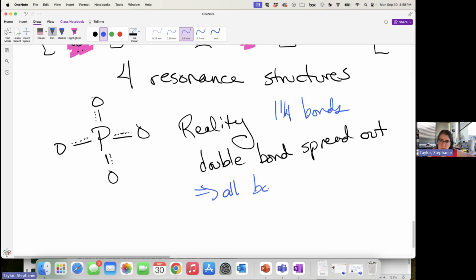All bonds equal. And this is the part that's weird about resonance: in nature, all the bonds are the same length. So we're trying to describe what we see in nature, which is that all of the bonds actually have the same length. But this idea is strange.